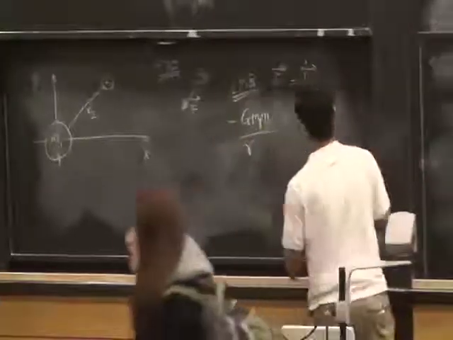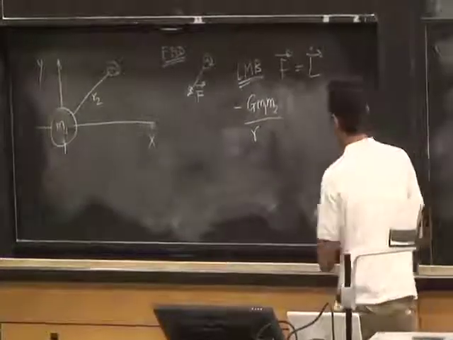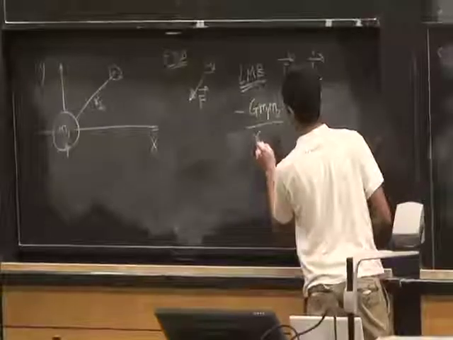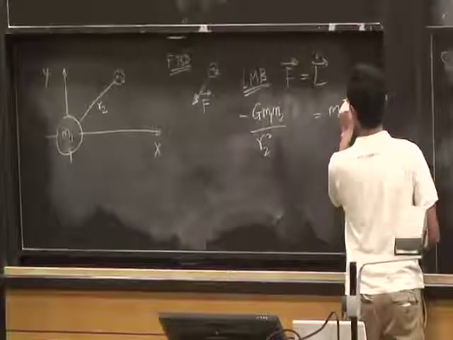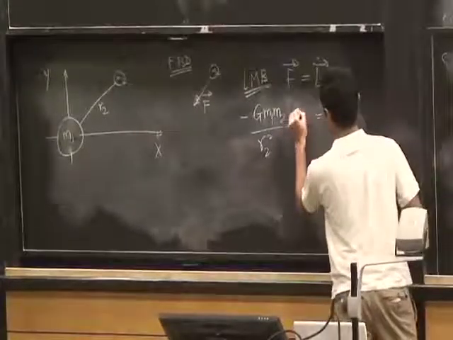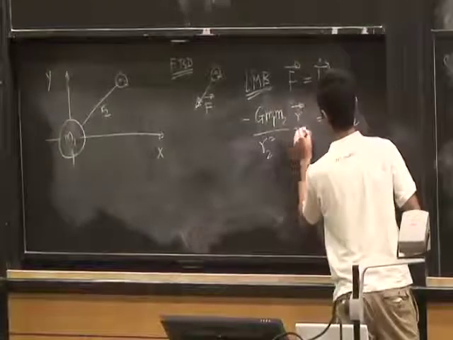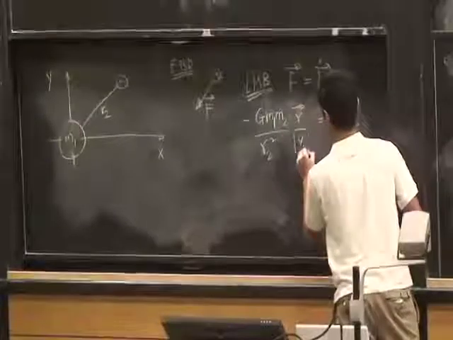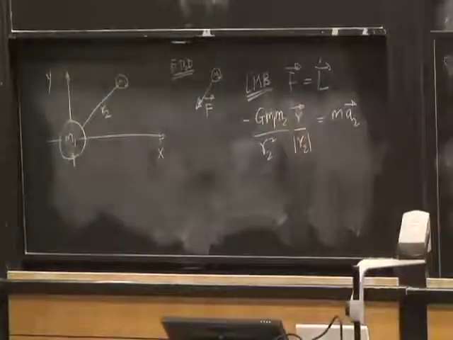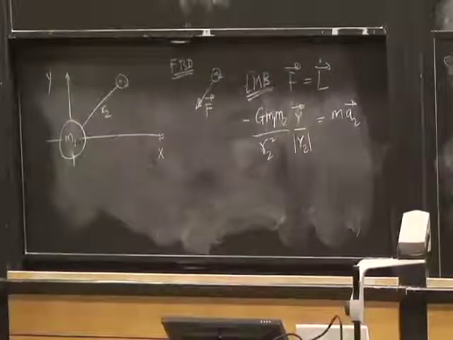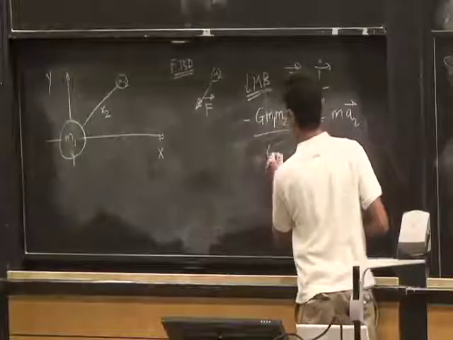Since I have a vector on the right hand side, I need to multiply this by a unit vector, which means dividing by the magnitude of R2, or this can be rewritten as R2 cubed.